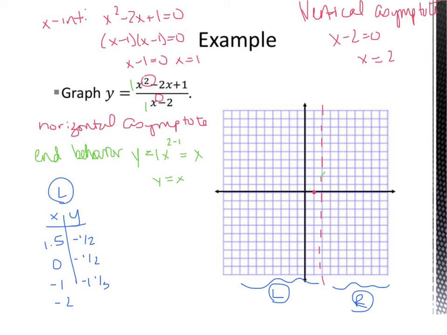Negative 2 is negative 2 1/4. And so what does that look like? What this is going to look like is this is going to come up this asymptote here, turn, and go down that way. And that's that end behavior looking like that line we just talked about.